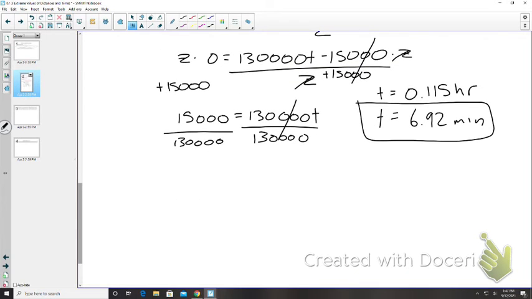Okay, so for my plane headed west, so P1, it is 200 multiplied by t, which is 0.115 hours. And of course that 200 is kilometers per hour. So we get a value of 23.08 kilometers.